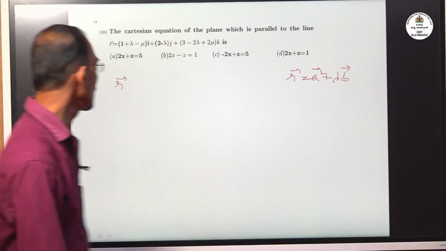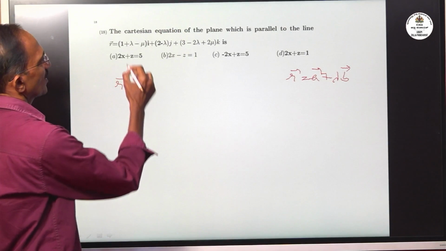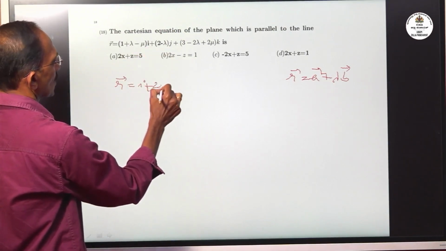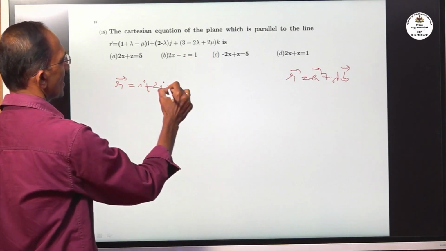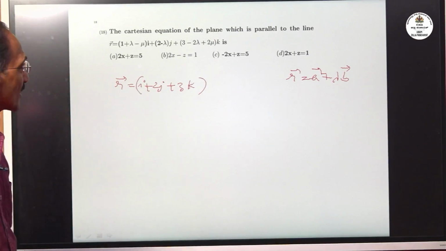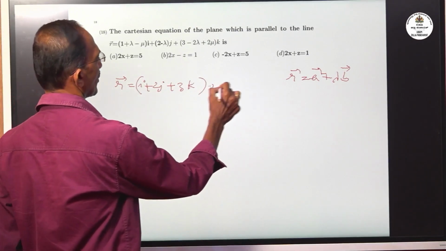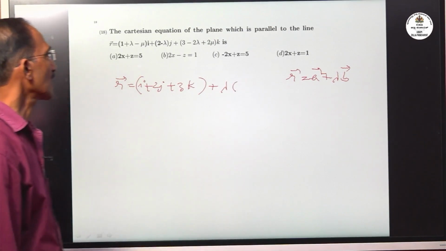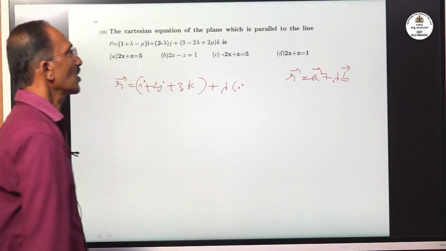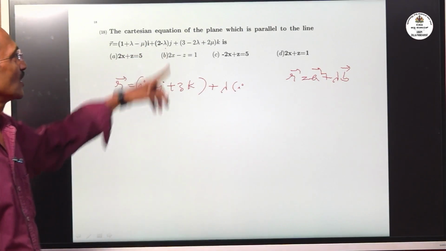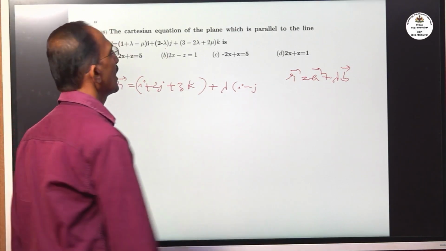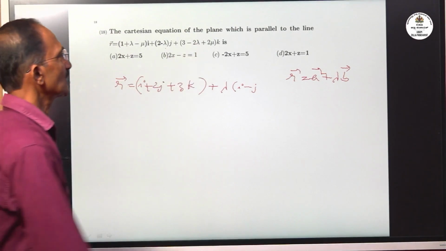The first part is 1i, 2j, and 3k, and you have one parameter, lambda, times i minus j minus 2k.